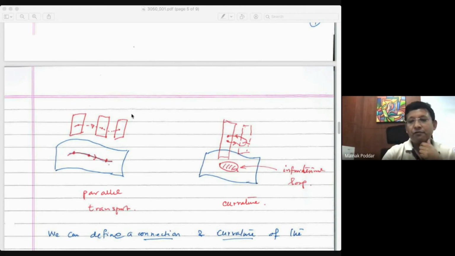Like I can define such notions of parallel transport.